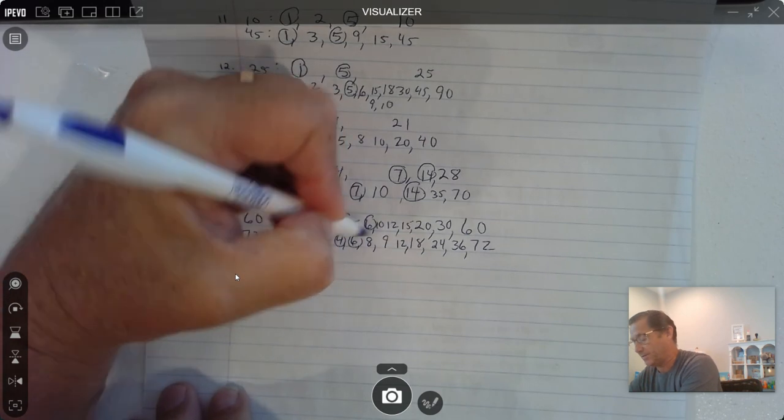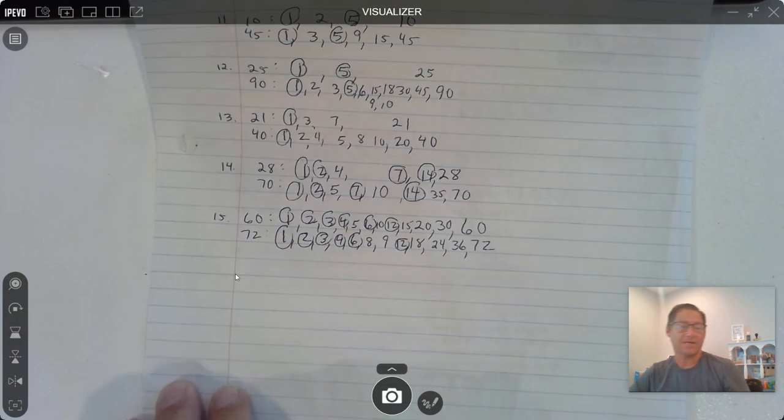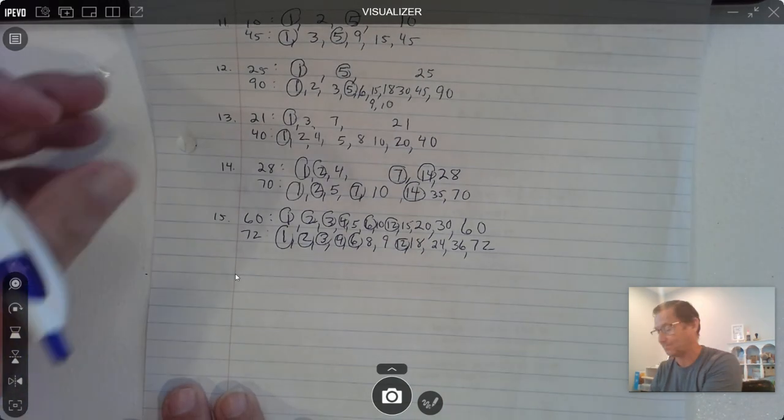Circle all the common factors. Greatest common factor is 12.